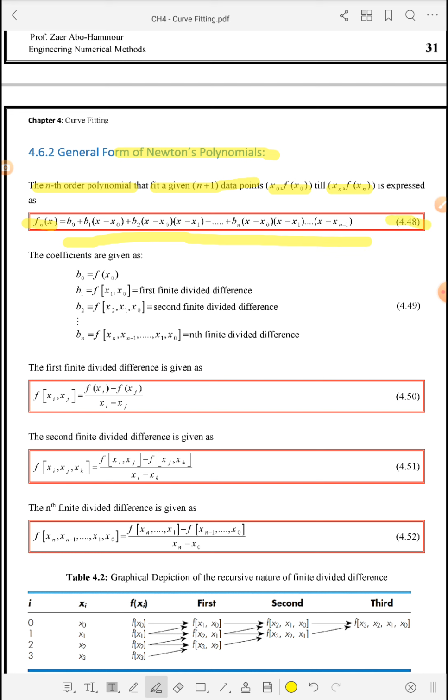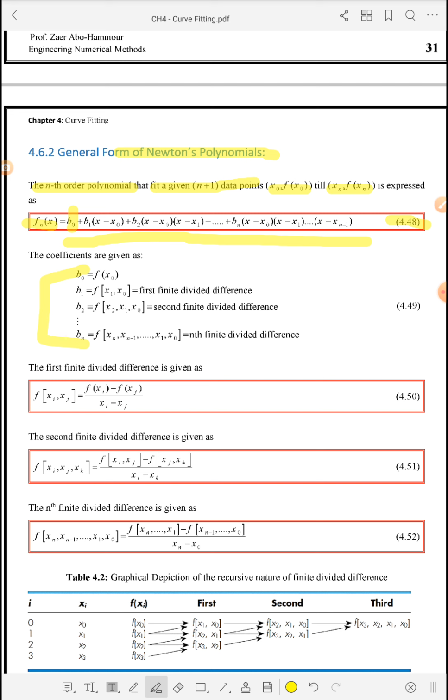So if we pay attention to this polynomial, the first term of this polynomial is a constant, b naught. All of the b's mentioned here, all of the b's from b naught till bn, they are constants. What I mean, they are numbers.